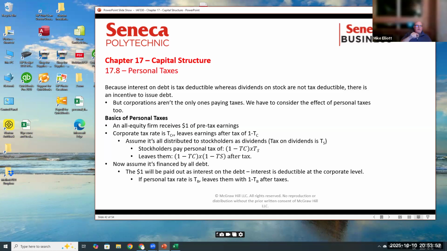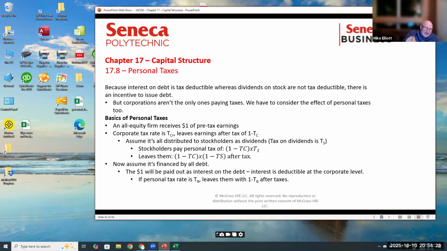Let's look at an all equity firm. And it's got $1 of pre-tax earnings. The corporate tax rate is TC. So after taxes, what we're left with is 1 minus TC, 1 minus the tax rate, right? Assume it's all distributed to stockholders as dividends.